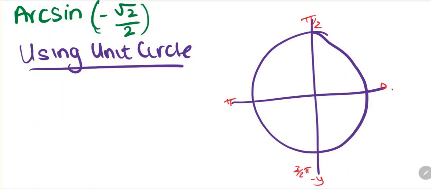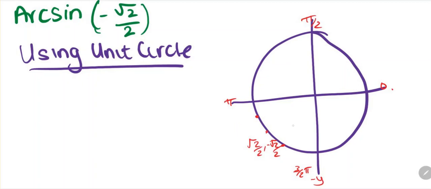So we could have a value, there's a point here. So we have points here when we have root 2 over 2 and minus root 2 over 2.